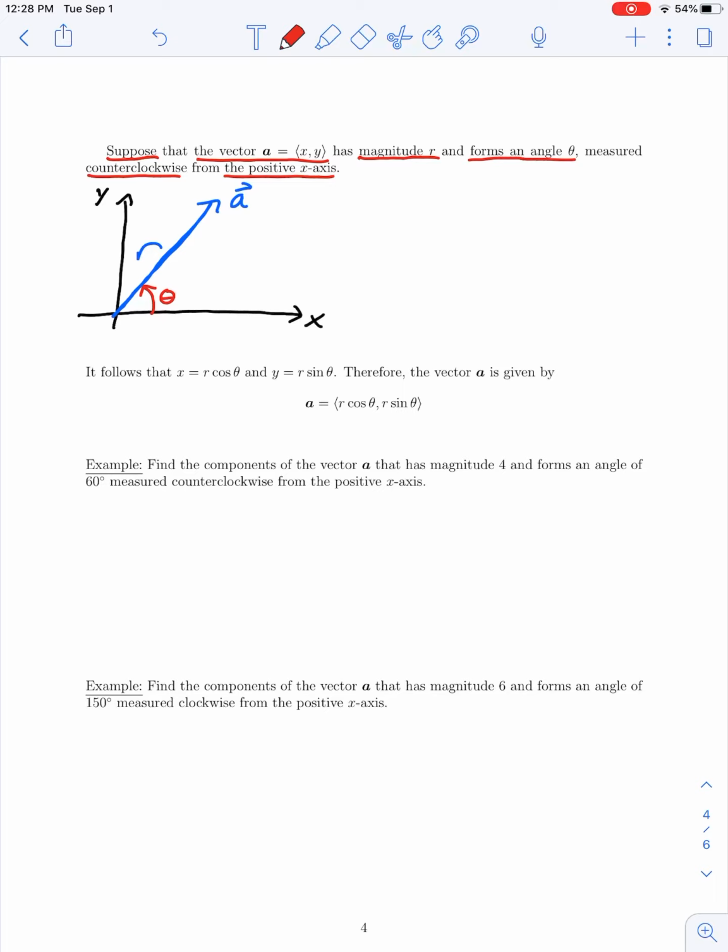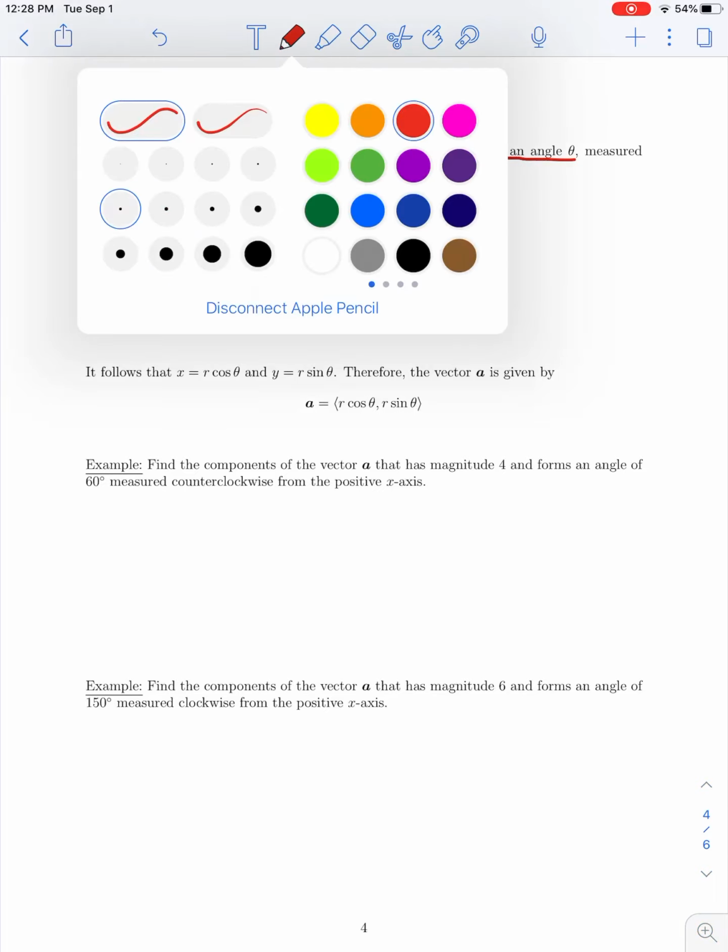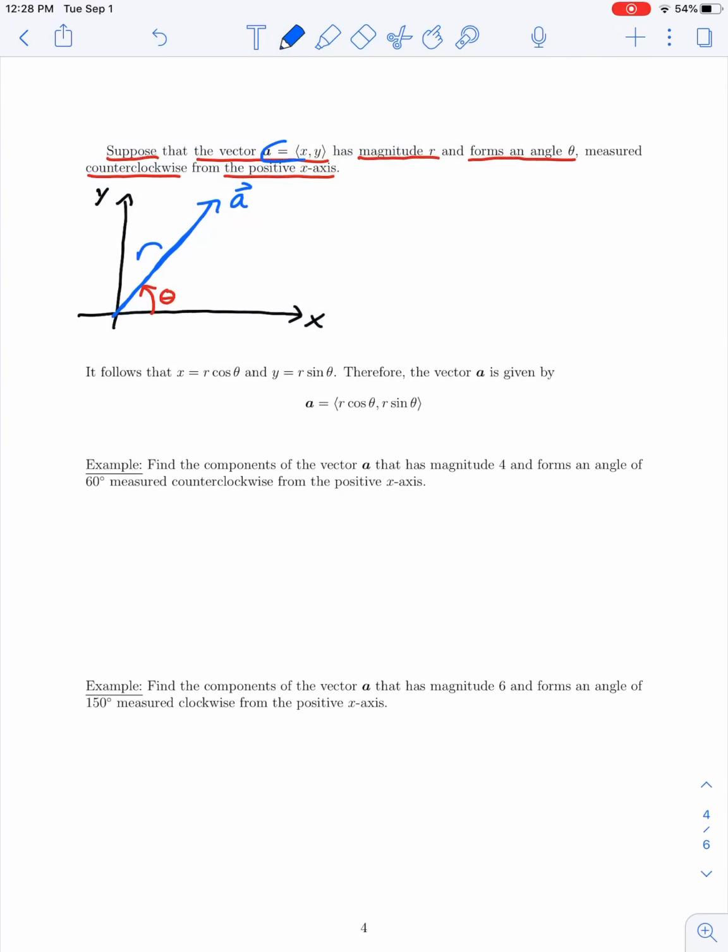So what are the components of this vector? We were calling our components here x and y. Well, geometrically, x is the horizontal distance I travel from the origin outward, and y would be the distance traveled vertically from that initial point to that terminal point. And this is a right triangle.